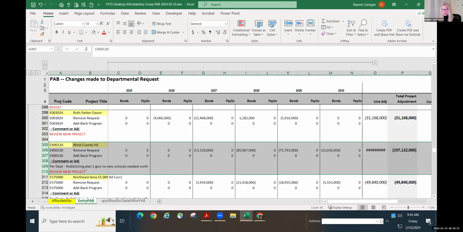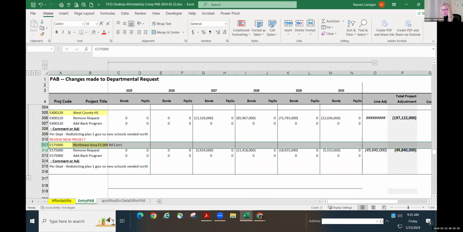So this one, it feels like they've asked for it to say Board of Education needs funding, but it sounded like they didn't need it in the north portion of the county. Was that your understanding when they presented? Yes. So take that out.